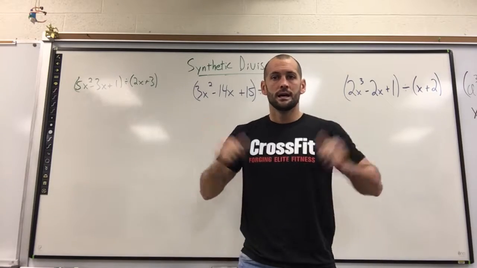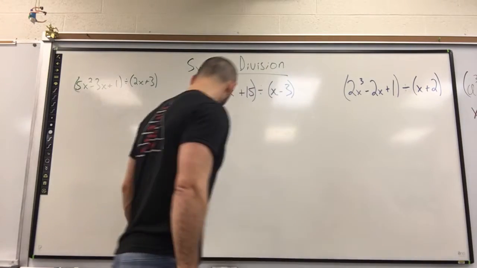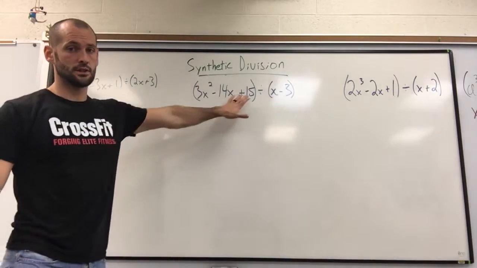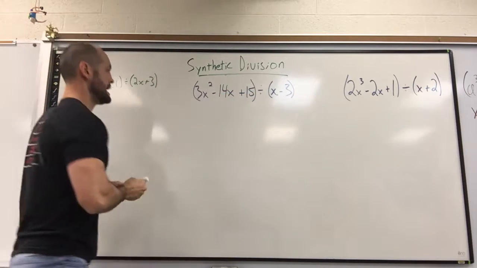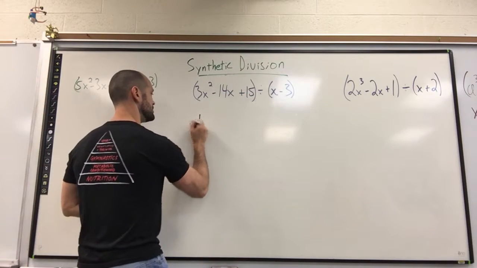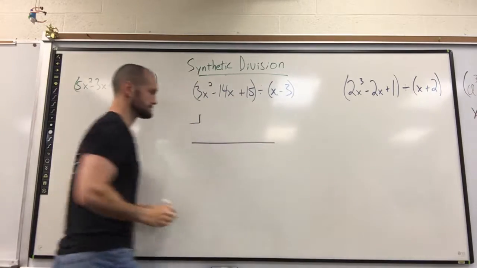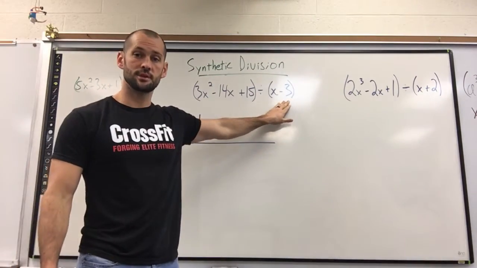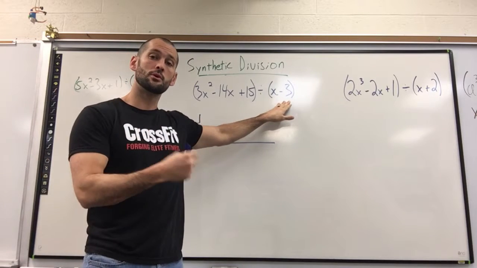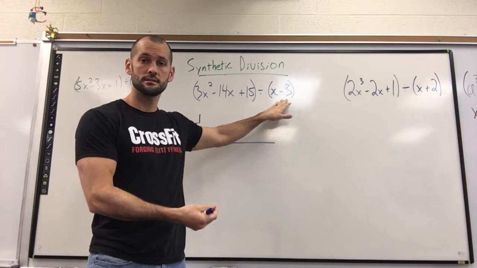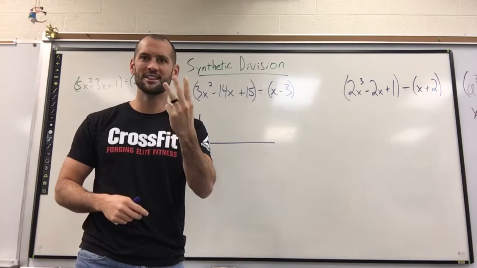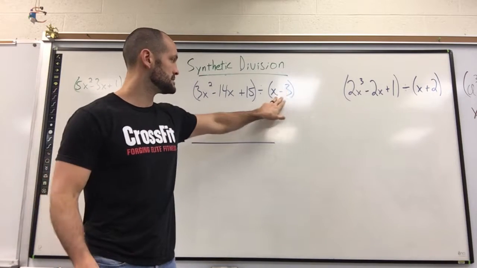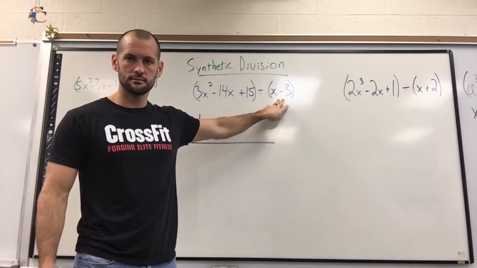Okay? Here's what synthetic division is. It takes a look at your polynomial, and you set it up with a little box and a line. Look at what you're dividing by. x minus 3. What is the root, or the zero, that represents? 3. Does everybody understand that if you were to solve this, you'd get 3?